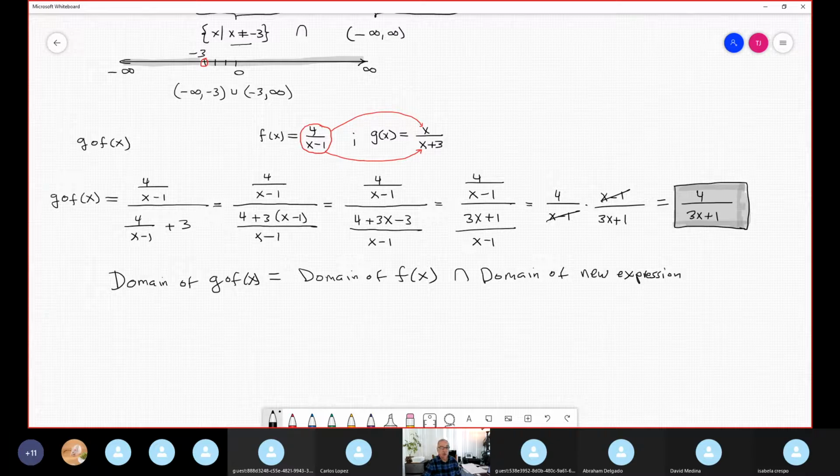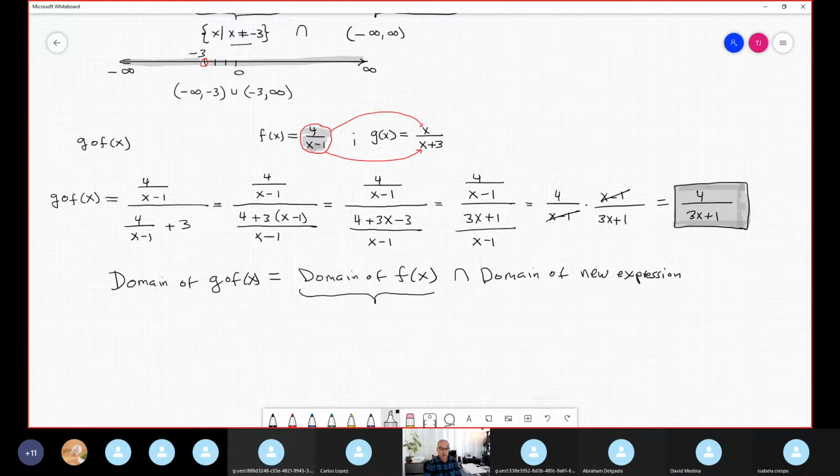Basically, the only thing I need to do is determine the domain of F. Okay, this is F. Look. I copy here the domain of this, I copy here, and intersect both. Okay, let's do it.